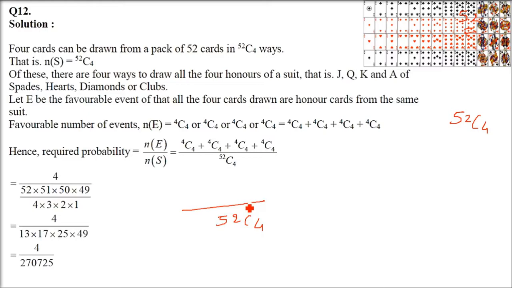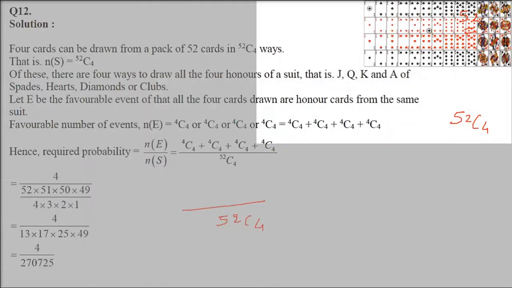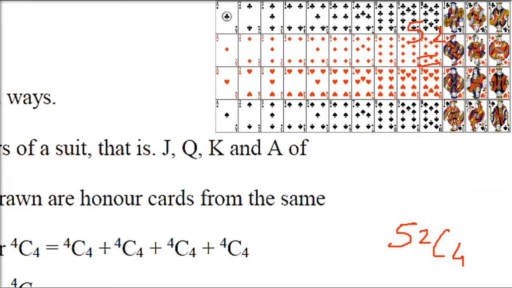That we have done in the previous question also. Now, what will come in the numerator? Find the chance that there will be the 4 honors of the same suit. Let us see one suit. The 4 honors are ace, king, queen and jack.